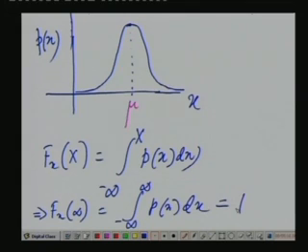So, when integrated from minus infinity to infinity, the total area should be equal to 1. That is the case here. For this case, actually the corresponding distribution function would be like this.